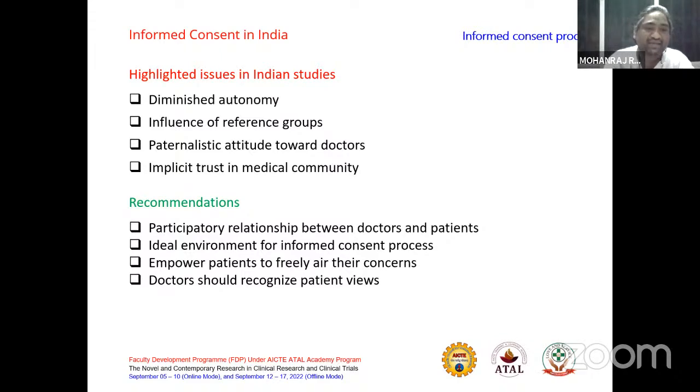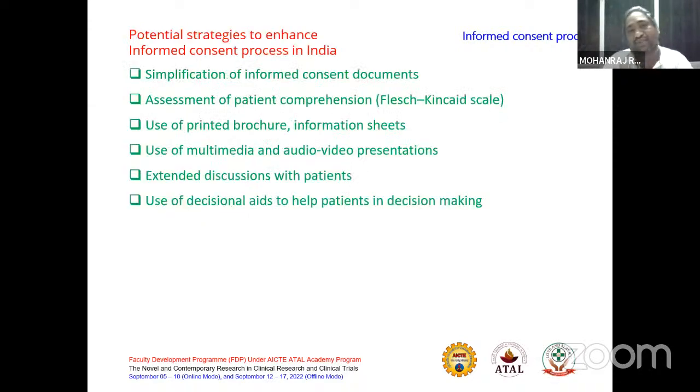To make it ideal, the patient must be given free air of consent. After explaining, we have to let them ask us a lot, and we have to explain many times, ensure they have understood, and assess their retention. Then our doctor will be recognized from the patient's point of view.